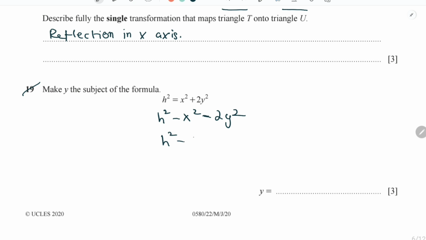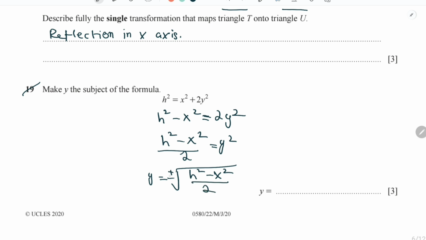And h squared minus x squared over 2 equals y squared, right? Now we have the square, so when we remove it, we get the square root on the other side, h squared minus x squared over 2, right? And we also write the plus minus, so this is the answer.